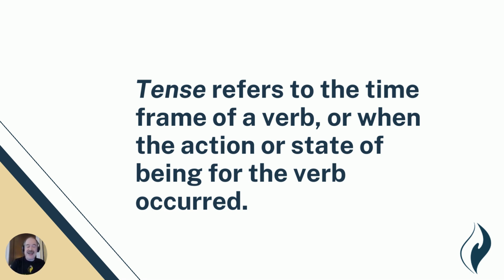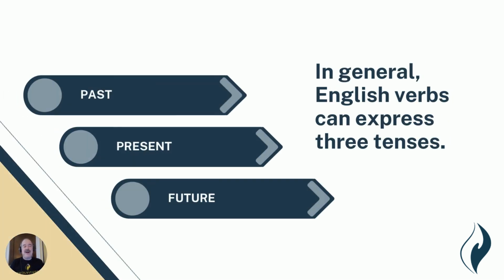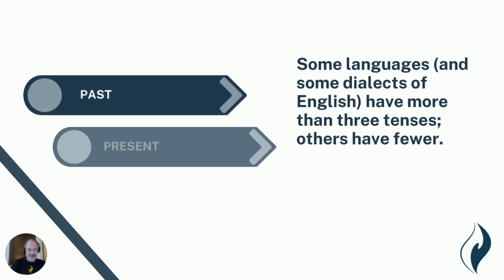All right. Touching on that quickly, let's jump into the tenses, because there are three tenses in English that we use for academic writing: past, present, and future.